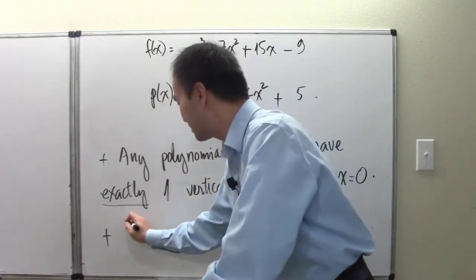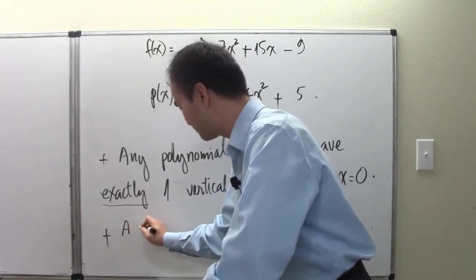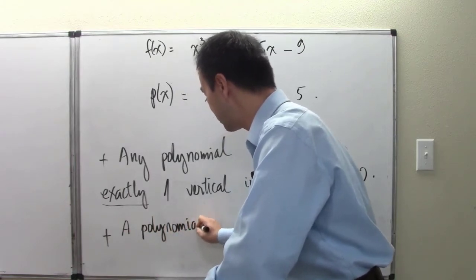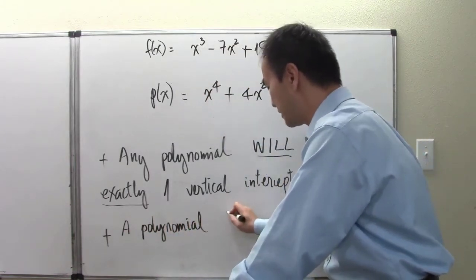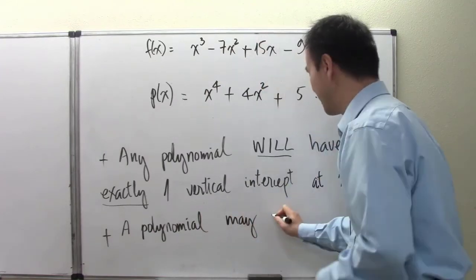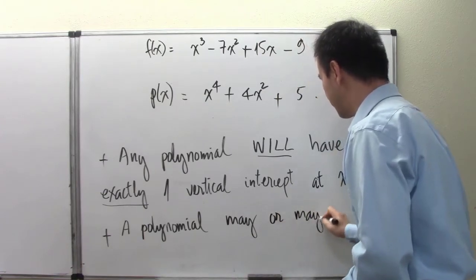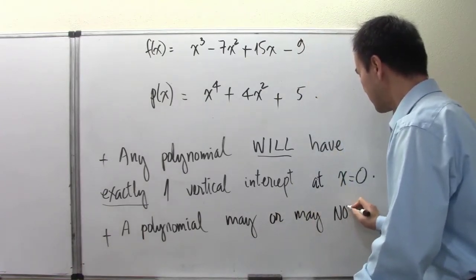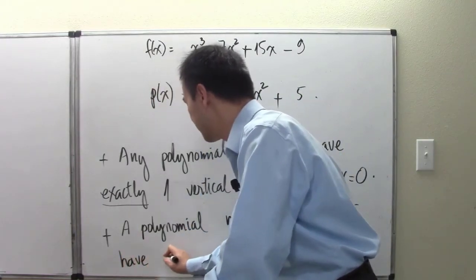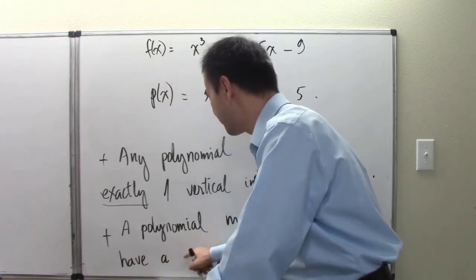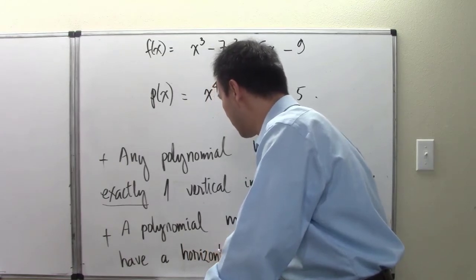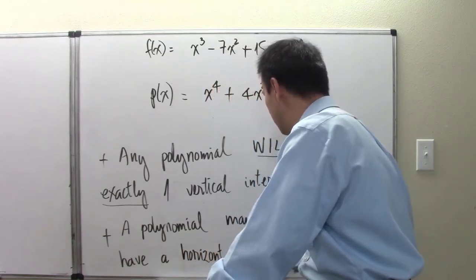So now I'm saying a polynomial, a given polynomial, or a polynomial you're working with. So a polynomial, this is a little dangerous here, may, okay, or may not have a horizontal intercept.